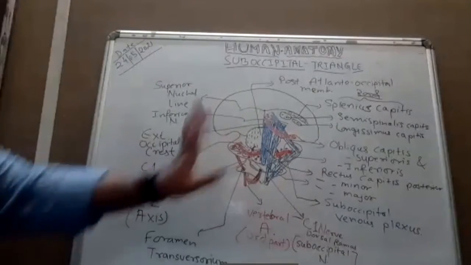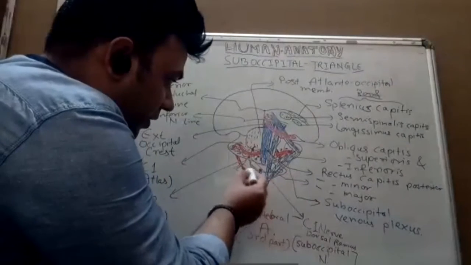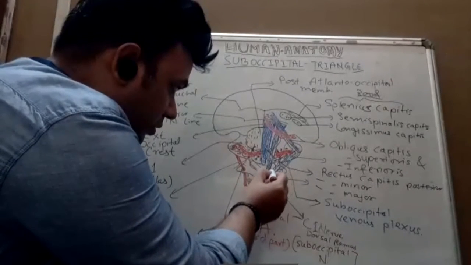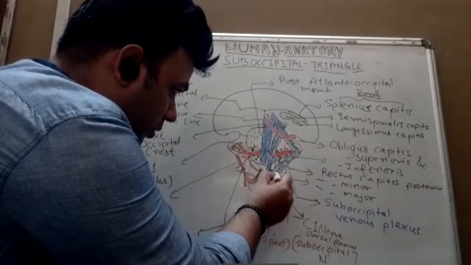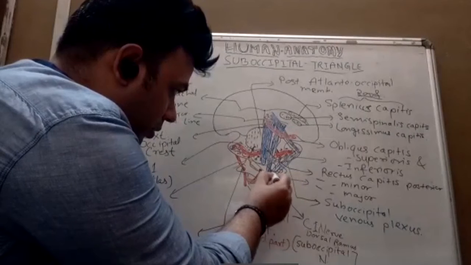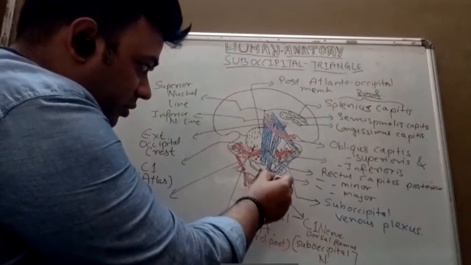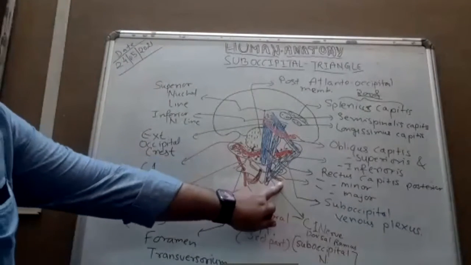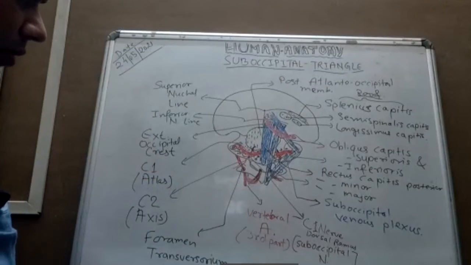So same, it will cross. Can you see here? It will cross this inferior angle. Opposite to that, inferior angle. Diffuse muscle, not superficial. I have drawn here, but okay. So what is this?